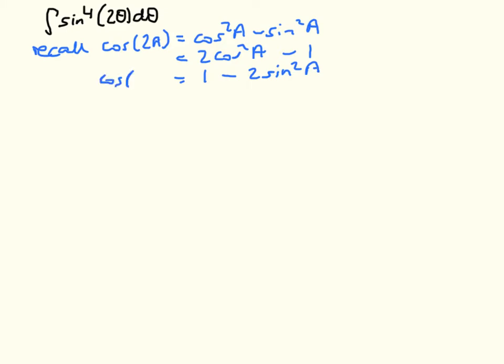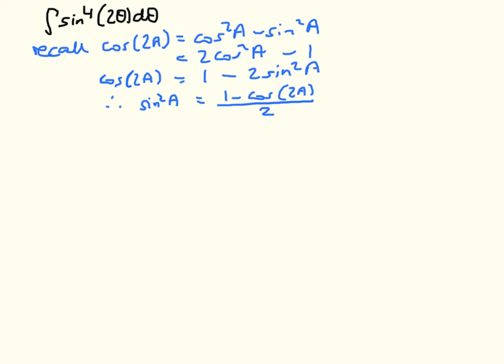The cosine of 2a is this, so this tells us that sine squared a is 1 minus the cosine of 2a, all divided by 2.